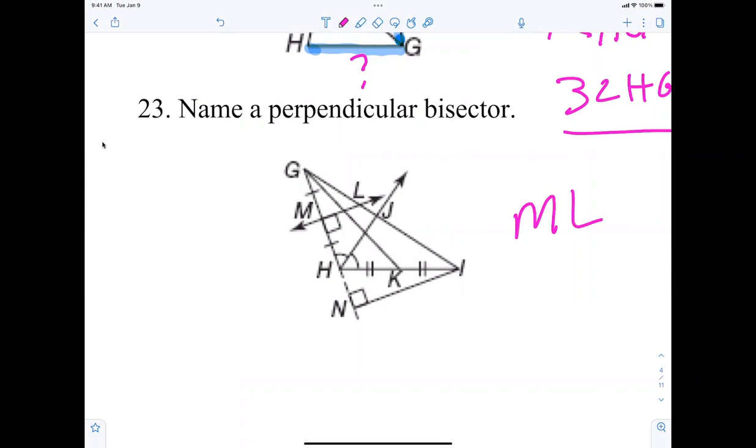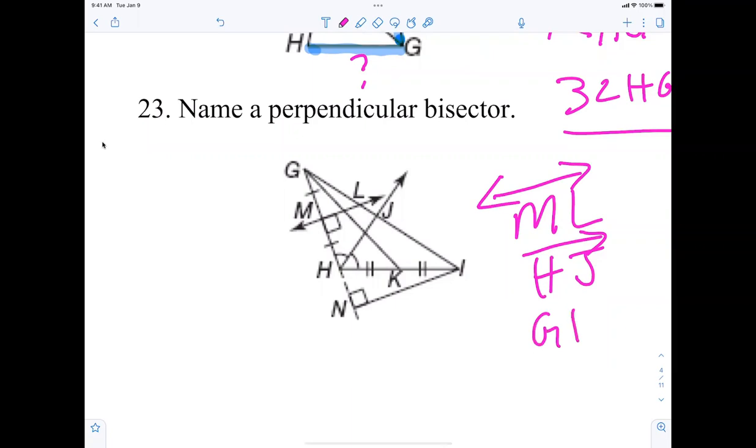JH. Yeah, JH. But it's really HJ because it's a ray. What's the median? GK. I would write that down if you're not sure. And again, that's a segment.